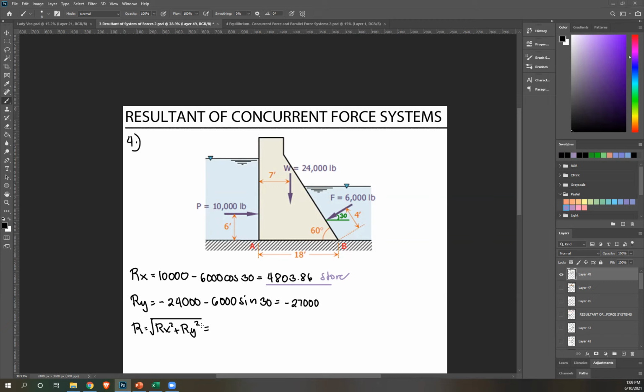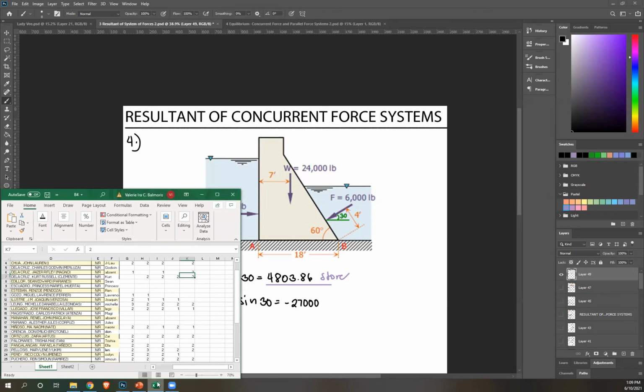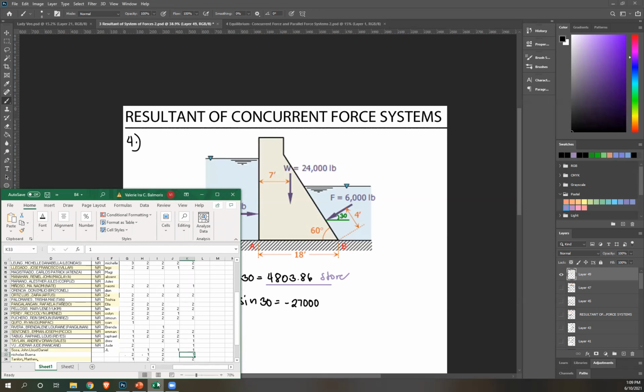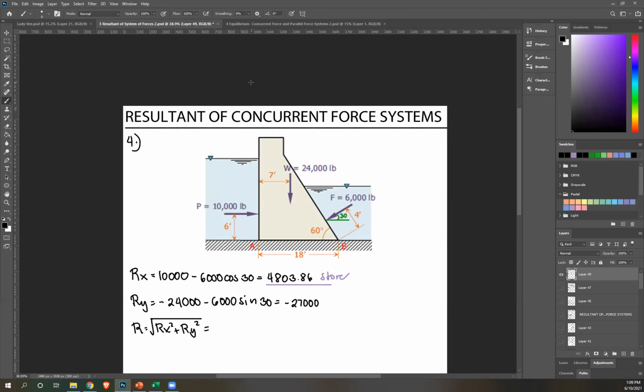Correct, Lloyd and Francisco. So 27,000, and R is 27,424.02 pounds.